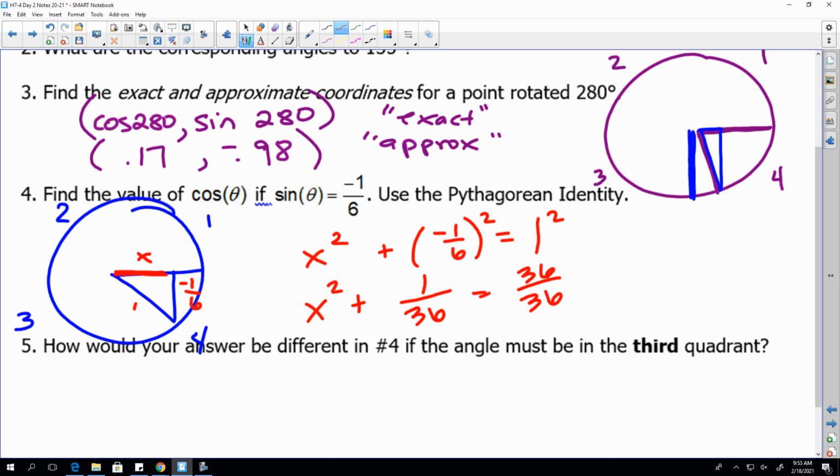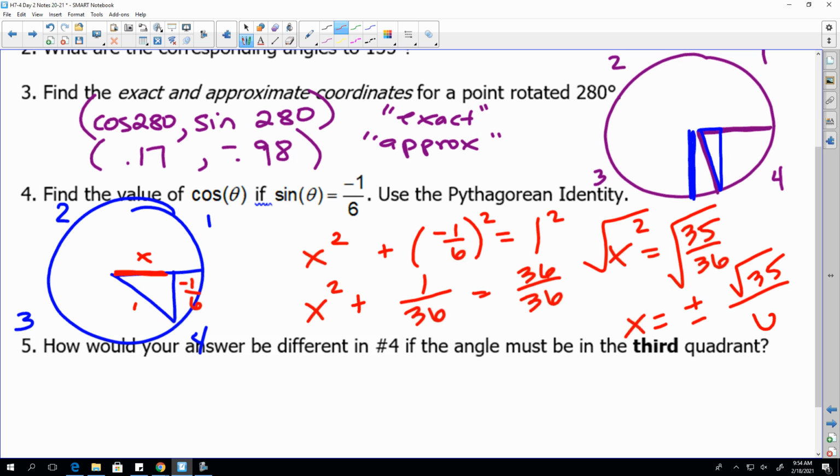I kind of jumped a step there, but I'm going to make that 1 into a fraction with the same denominator, but it still means 1. Then if I subtract 1/36 from 36/36, I get 35/36. And then I'll square root both sides. Square root of 35, I don't know what that is, and I can't really simplify it, but I can simplify the square root of 36 to be regular 6.